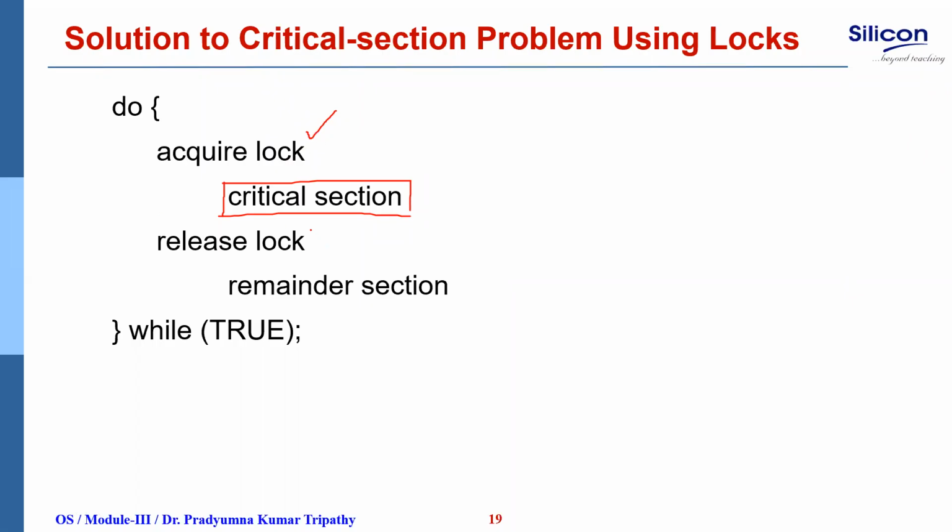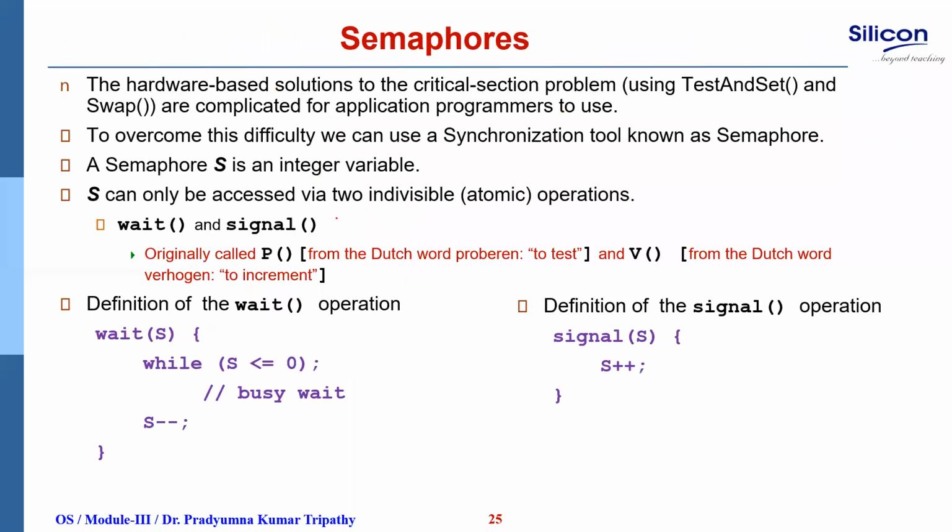While coming out, we'll release the lock. This is the simplest solution: before the critical section you put a lock, and once you put a lock, no other process can enter the critical section, and while coming out you release the lock. So we'll see how this can be realized.